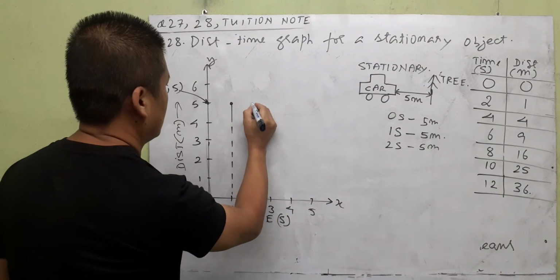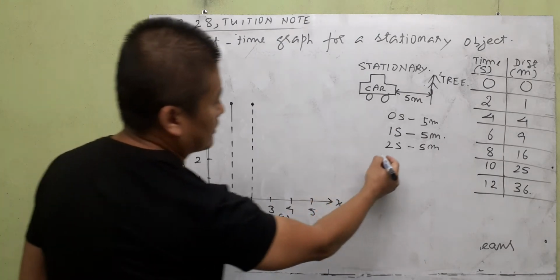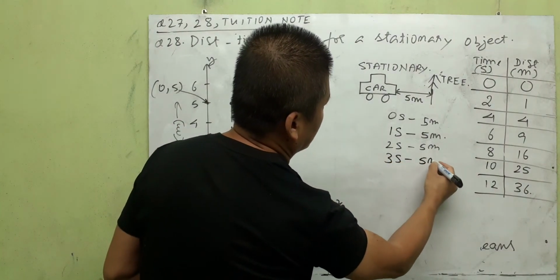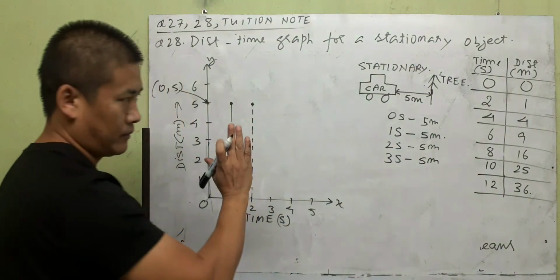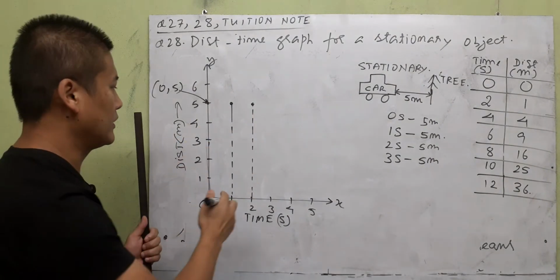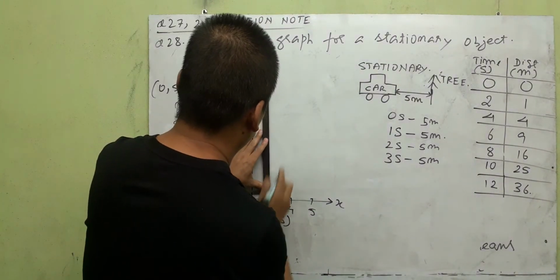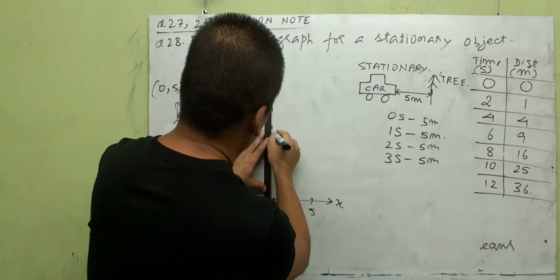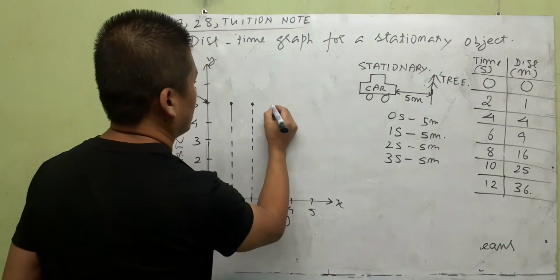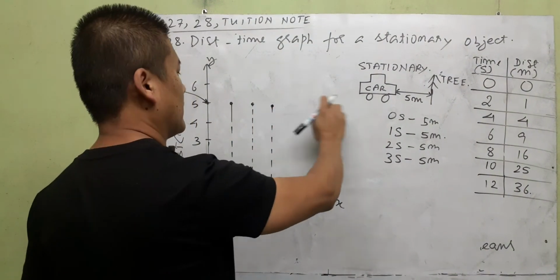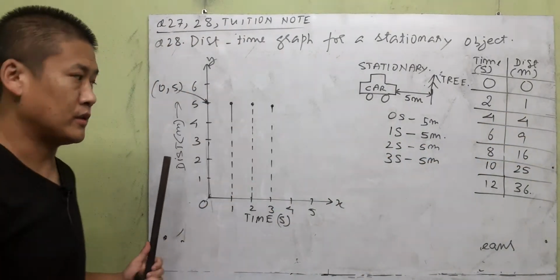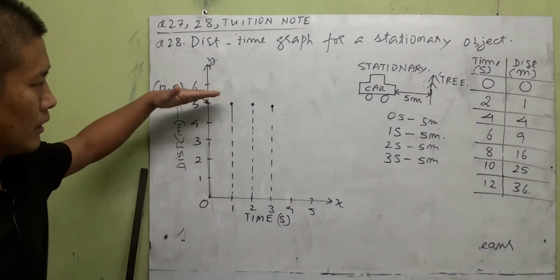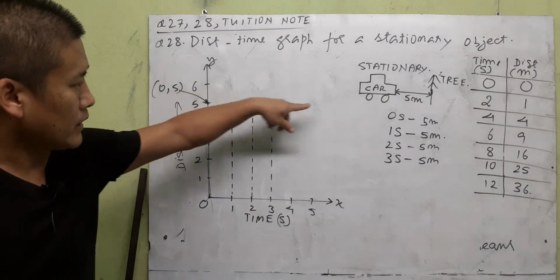After 3 seconds, stationary means not moving, so the gap between the tree and the car is still 5 meters. So plot that one. If you keep on plotting 6, 7, 8, 9, 10, if the object is stationary, even after thousands of seconds the distance is 5 meters. So you'll get it like that.